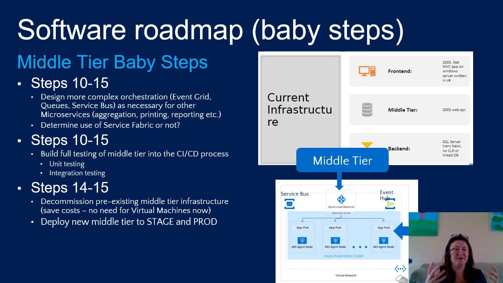So you can create a completely new middle tier infrastructure that is cheaper and scales up and scales out and scales back in and scales back down when needed, and so on. And you can deploy that whole new middle tier with that whole new infrastructure into stage and then into prod according to passing the tests in those two environments.